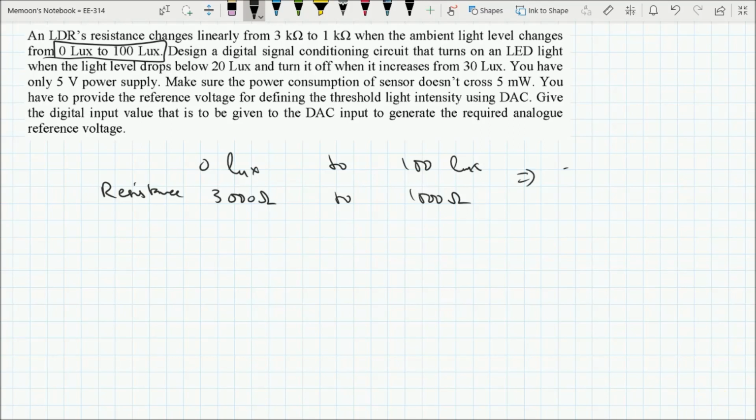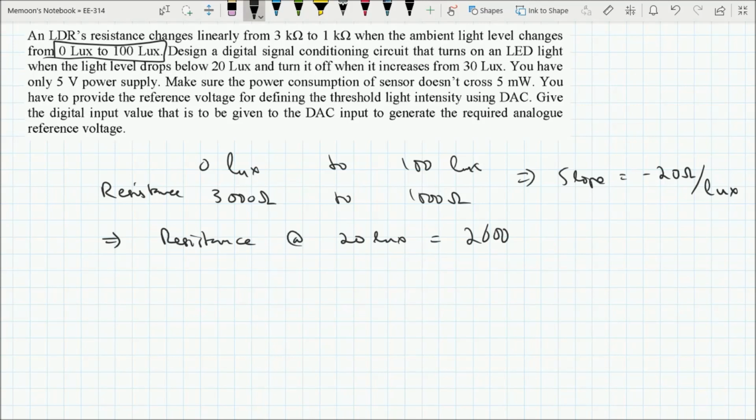This gives us a slope of negative 20 ohms per unit lux. So this implies that the resistance at 20 lux is equal to 2600 ohms, and the resistance at 30 lux is equal to 2400 ohms.